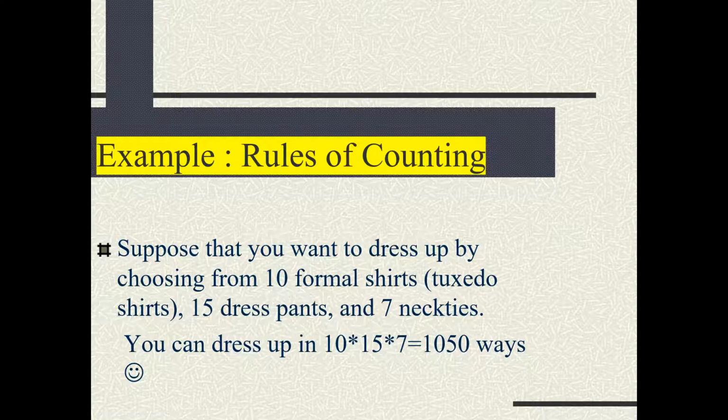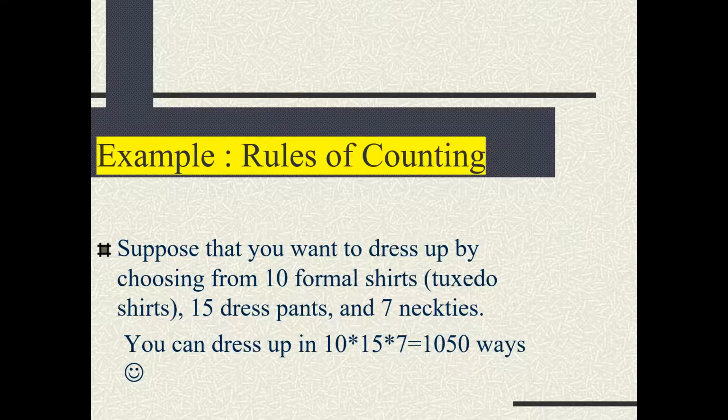Like in my wardrobe, I have 10 formal shirts, 15 dress pants and 7 neckties. So basically these are three events. Event A, which is selection of a shirt, could be performed in 10 different ways. Event B, which is selection of a dress pant, could again be performed in 15 different ways. And selection of a necktie could be performed in 7 different ways.